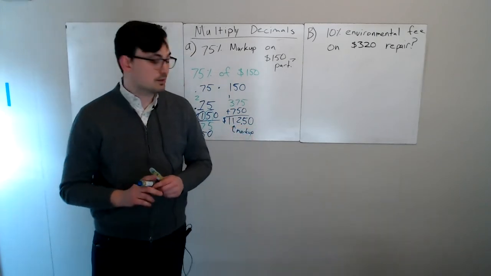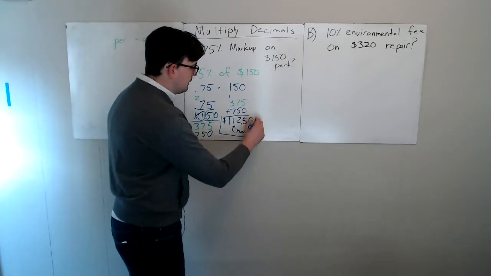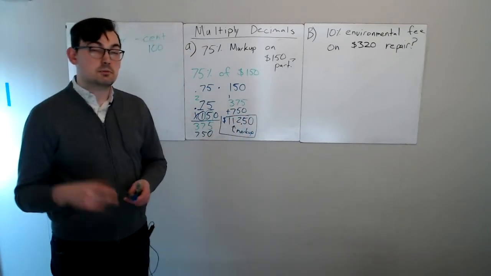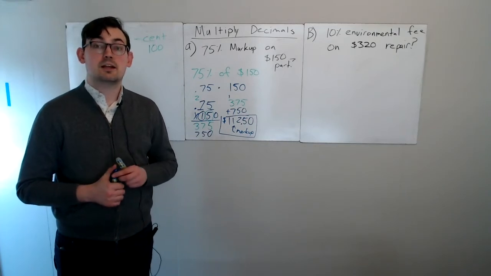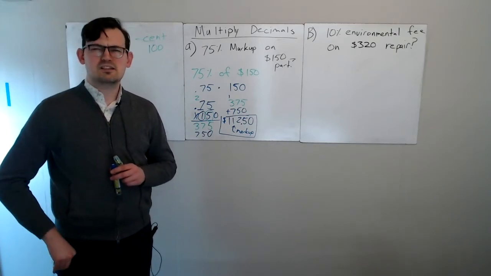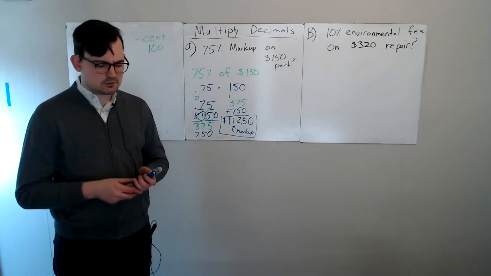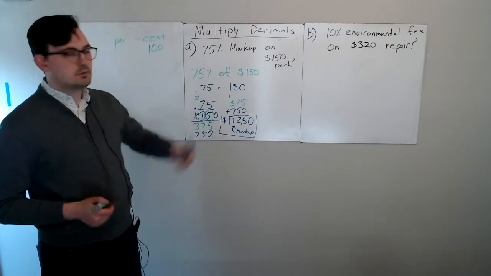Now, that is what the question asked for, and you'd be fine stopping there. But the reality is, if I put markup on a customer's bill, they will not pay it, right? They're going to ask, what is this markup? Why is it here? So instead, I'm going to add it to my original price.